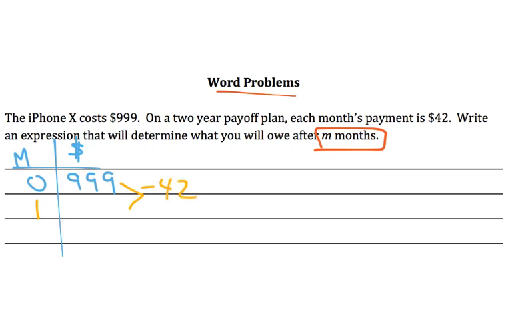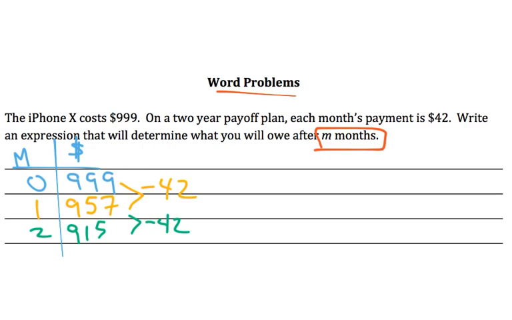But what I'm doing is I'm taking away the words, and I'm turning it into numbers, and I'm avoiding going straight to the very end of the problem. I'm doing some in-between work using real numbers to make this a little bit easier to process. So in the next month I would have made another $42 payment, and that's going to bring me down to $915.